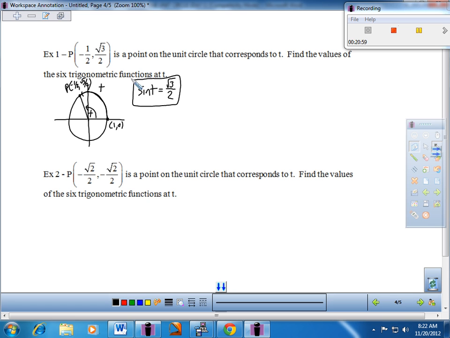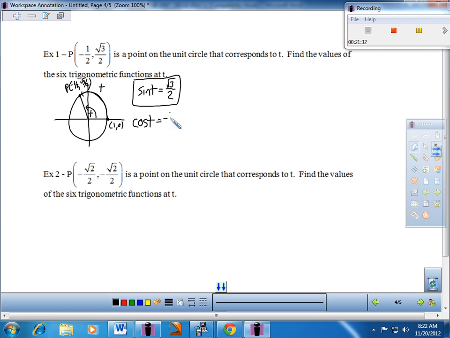Now again, t is your input. And remember, everybody, these are functions, so please write it completely like this as a mathematical sentence. Sine of the input, in this case we don't know the input, so it's just t, equals the output, square root of 3 over 2. Try not to shortchange this mathematical sentence. Okay, next one here. Let's do cosine. So cosine of our t value, very simply, whenever I hear the word cosine, I think x.